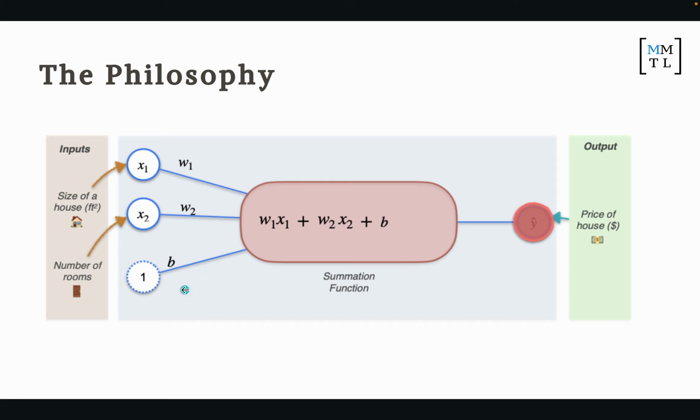You can imagine b as, we can't just multiply the size of the house by something and the number of rooms by something. Each house has inherent value from being a plot of land. So b is saying that no matter what input you have, there's always a certain starting entry, basically. And that's how it's really helpful. Based on our 2D model, y equals mx plus c, that will be the c. So that's what this bias term is.